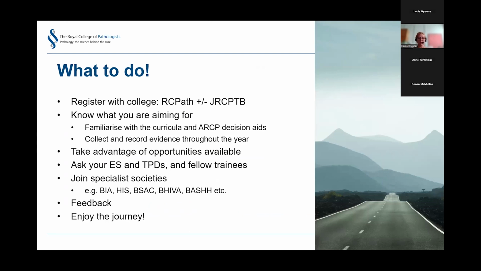And then as a dual trainee, you register first with the JRCPTB, but also please register as a dual trainee with the RCPath. That means that you'll get all the relevant emails about relevant activities from the college, about the portal.